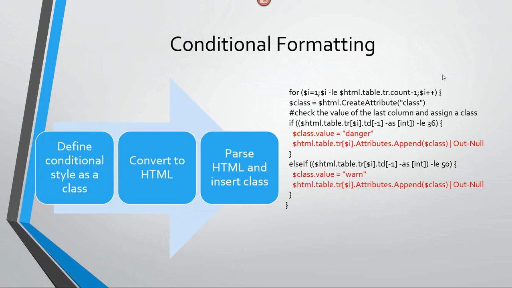If it falls within a certain range, then I can insert the appropriate class. When I build my final HTML report, the class tag will be inserted into the HTML, the style will be applied, and I get exactly what I want, yellow and red, depending on the condition of whatever the data is in that last column in this particular example.